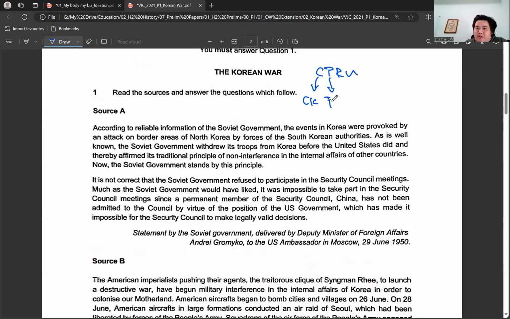P stands for purpose. Now, to be absolutely clear, when we use CK in our reliability analysis, we are not using it to prove that a source is correct. What that means is that we are not trying to corroborate the accuracy of the source in relation to the contextual knowledge.